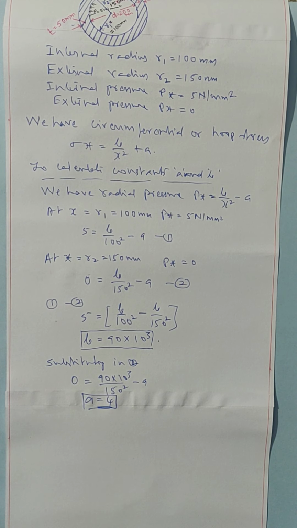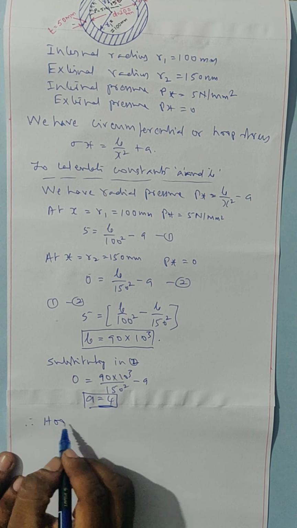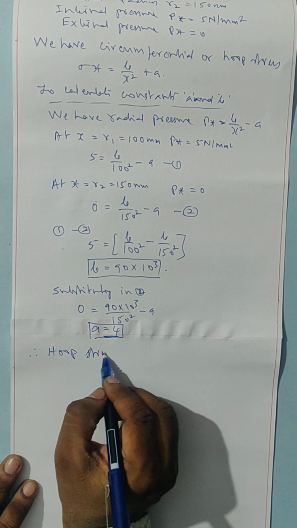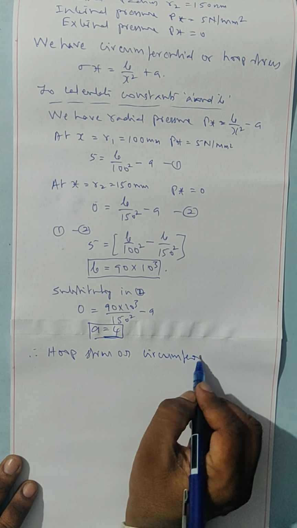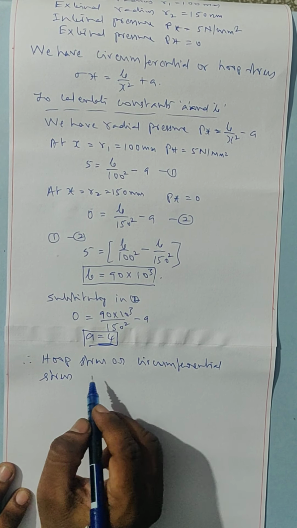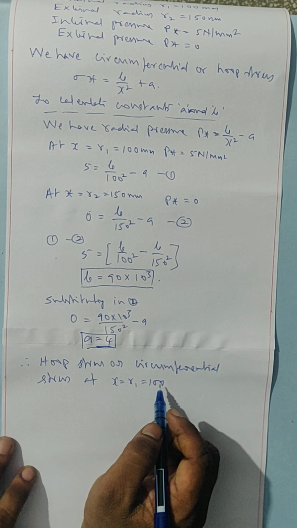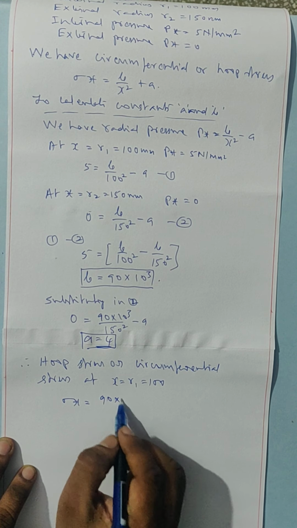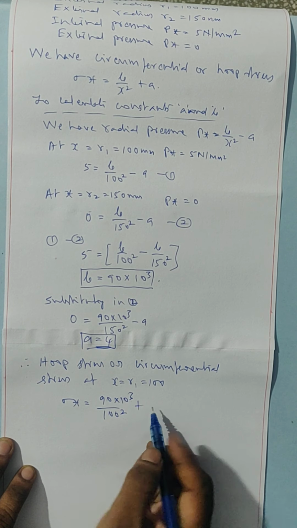Now we can calculate hoop stress. Because two constants we calculated, the hoop or circumferential stress at x equal to r1 equal to 100 is sigma x equals b, which is 90 into 10 to the power 3, divided by r1 100 square, plus a, which is 4.